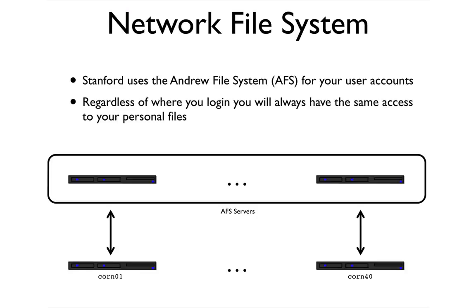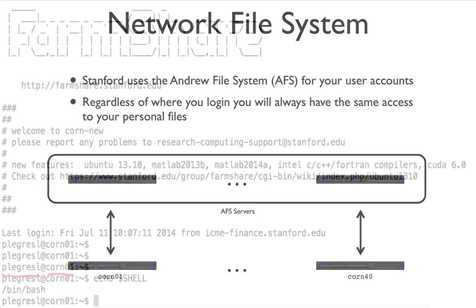And that means that when you create files, they aren't actually created on corn12 or corn14 or whichever machine you're logged into. They're actually stored on back-end network file system servers, and it doesn't matter which machine you log into, you always have the same access to all of the files that you've created within your account.